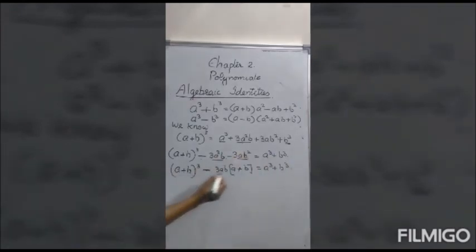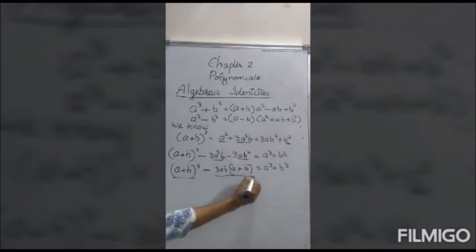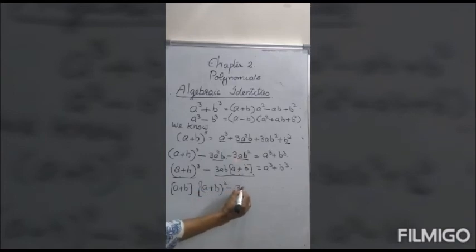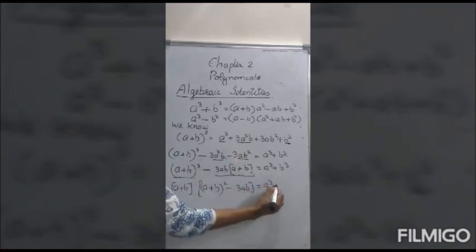Again simplifying, look here, there are two terms: one is this term, the other is this one. Taking (a + b) outside, here (a + b) whole square minus 3ab equals a cube + b cube.